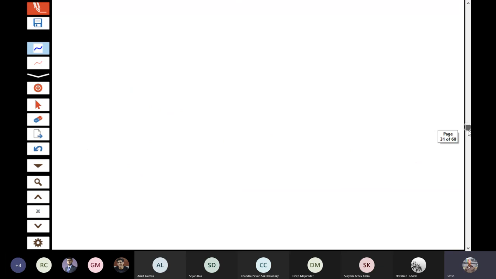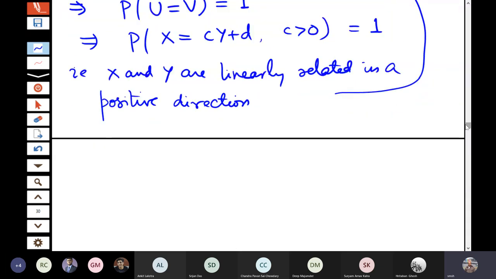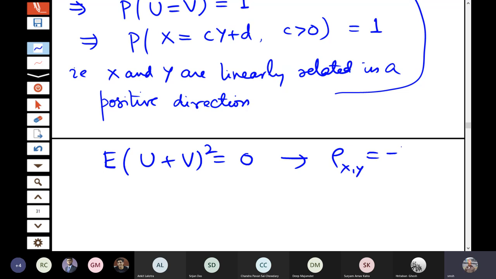Similarly, if you look at the left hand inequality, when the expectation of (u plus v) square is equal to 0, that means rho xy is equal to -1. This means that the probability that u is equal to minus v is equal to 1. Now, if you put the minus sign there, it becomes x minus mu x is equal to minus sigma x by sigma y times (y minus mu y), and of course some term is there.